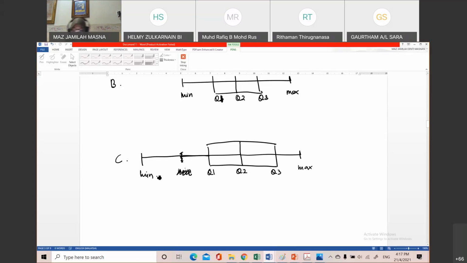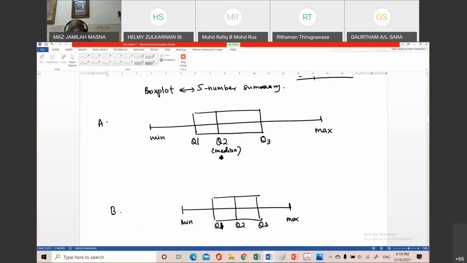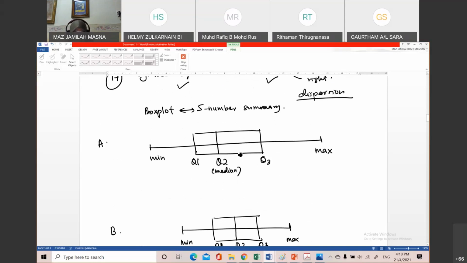Now, let us look at these three. In your video, they say you can base on your box plot to tell you the distribution of your data. You use either the whiskers or the boxes, the middle 50% of data.